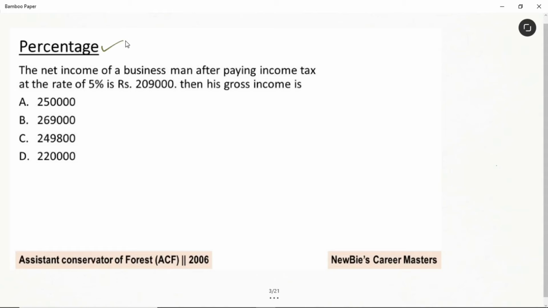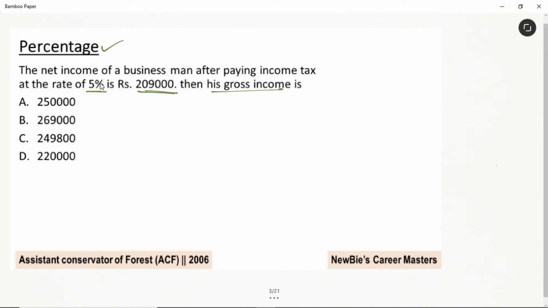This question is from percentage topic. Okay? Question is, the net income of a businessman after paying income tax at the rate of 5% is 2,09,000. Then his gross income is, after paying 5%, is left with 2,09,000. Okay, what is his total income? That is the question.